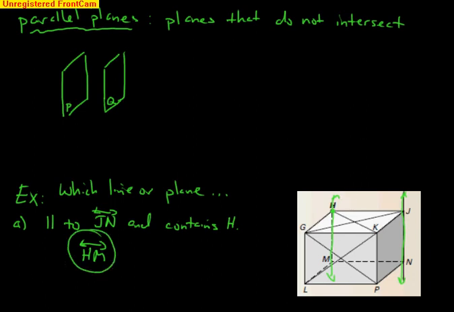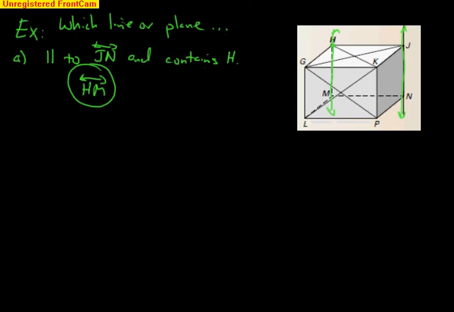All right, let's look at a second example. Same picture. I'll use a different color so I can write on there. What about a line that is skew to line JN and contains H?